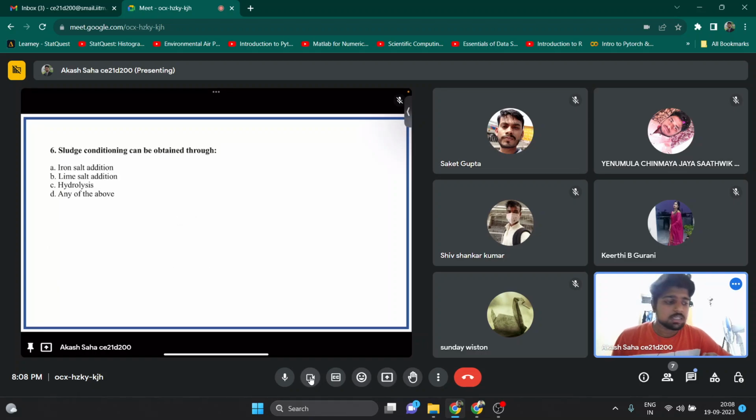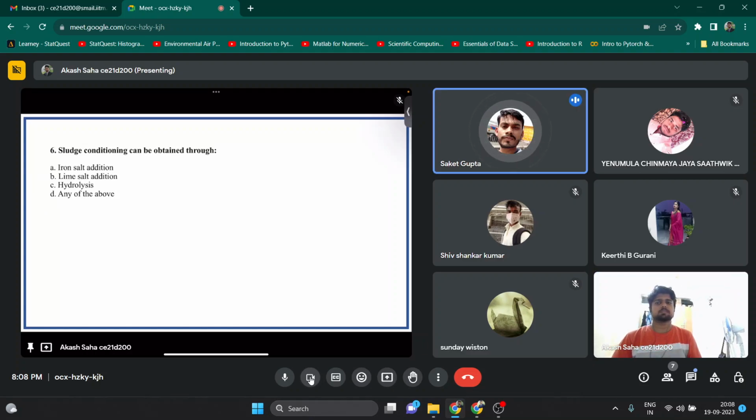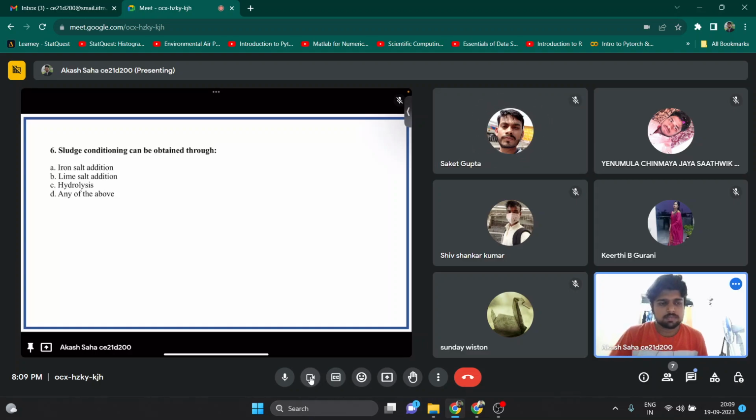Next question. Sludge conditioning can be obtained through iron salt addition, lime salt addition, hydrolysis, any of the above. The iron salt addition and lime salt addition. Anything else?